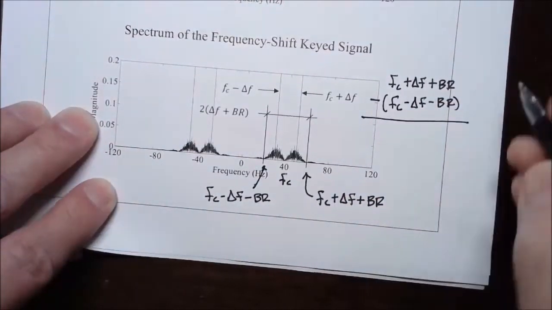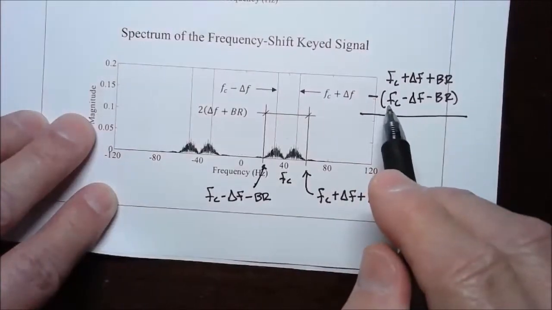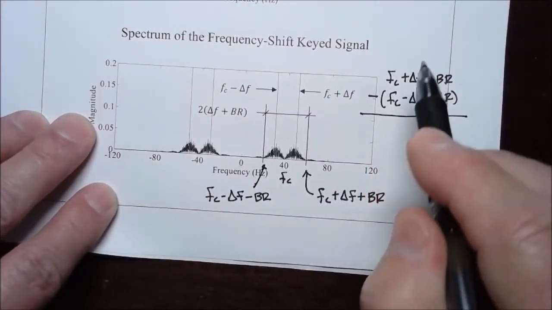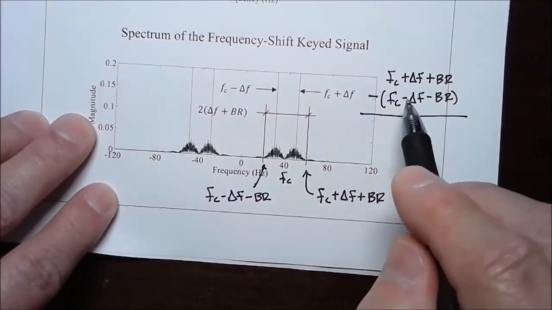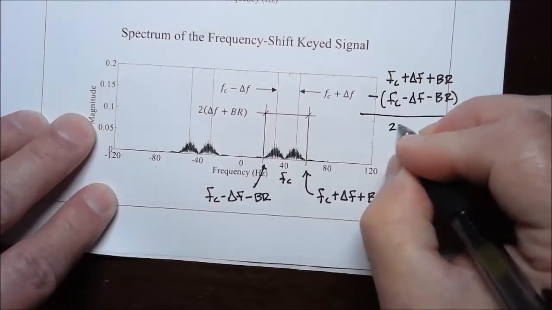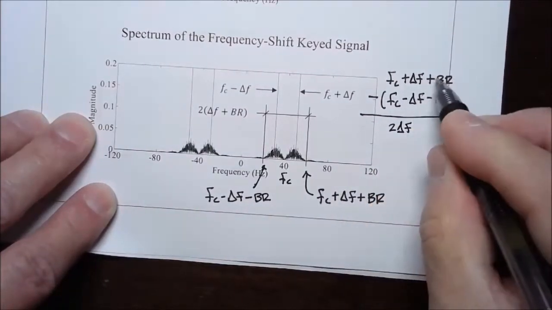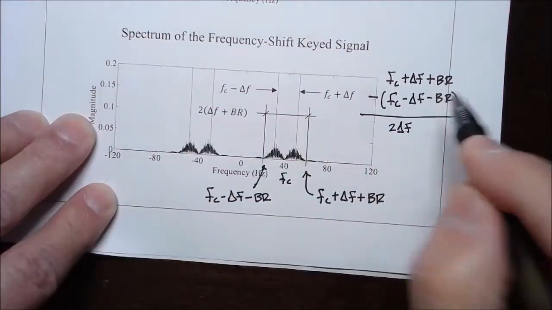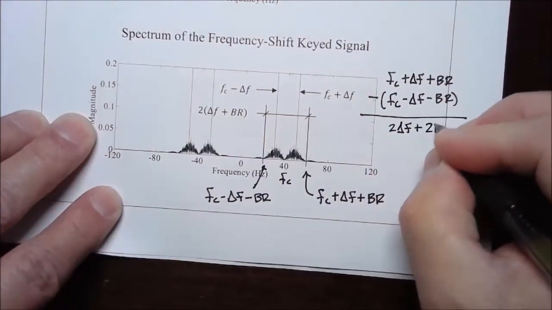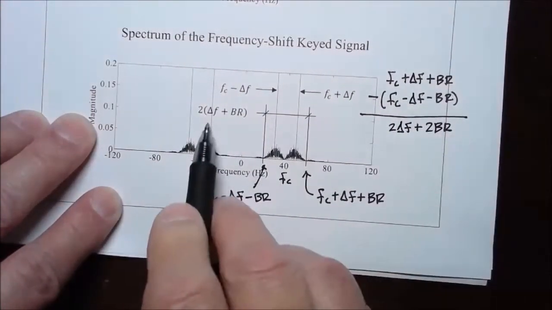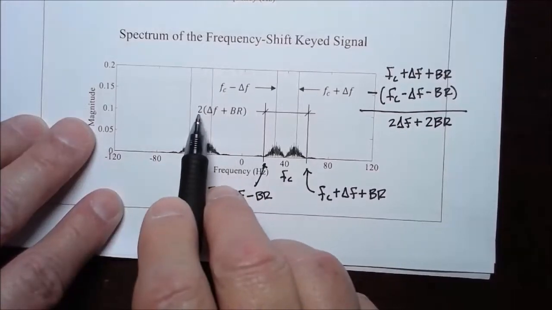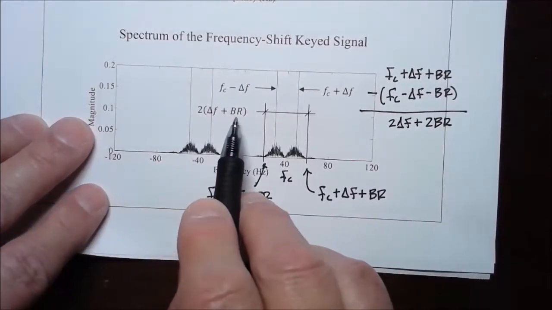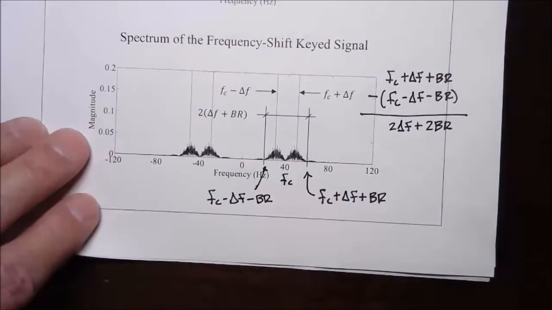When we do this, fc minus fc is 0. Delta f minus a negative delta f, that's going to be 2 delta f, and then bit rate minus a negative bit rate, so plus 2 times the bit rate. So that gives us the overall bandwidth of 2 times delta f plus the bit rate.